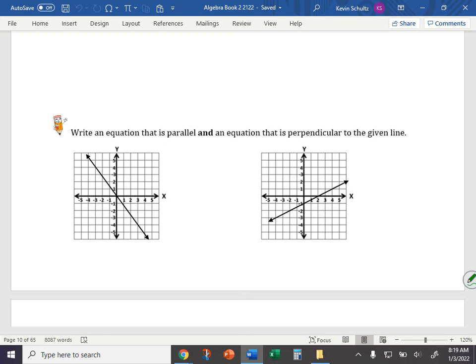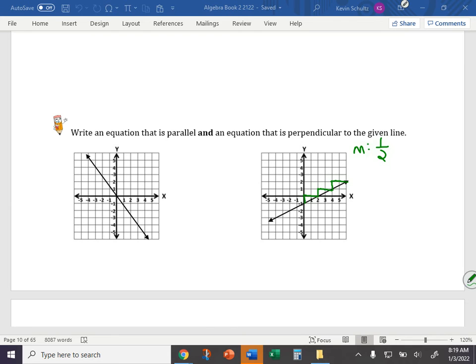So looking at this line that's been graphed, what's the slope? How does it move across the coordinate plane? Alex? Nope, not up 1 over 1, up 1 over 2, right? So our given line has a slope of up 1 over 2, right? Follow it here, up 1 over 2, up 1 over 2, up 1 over 2.